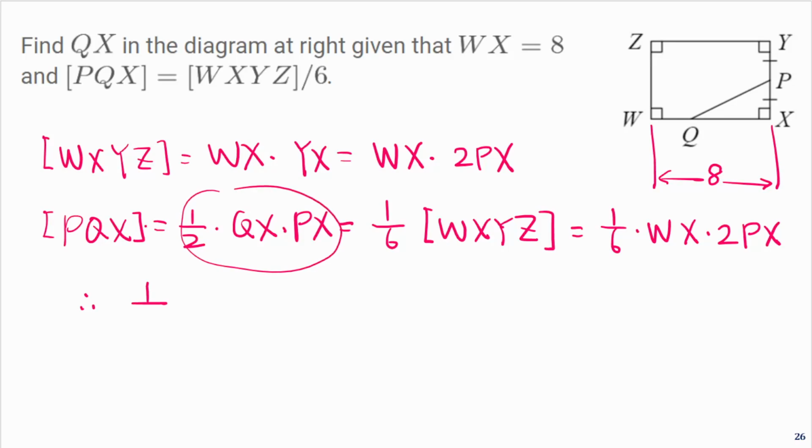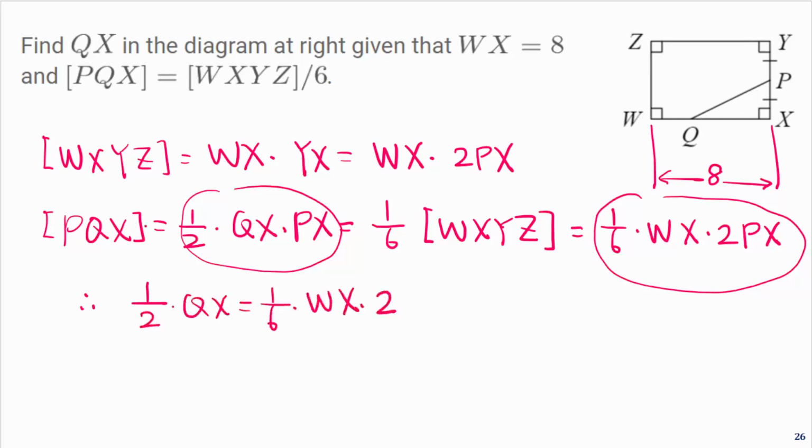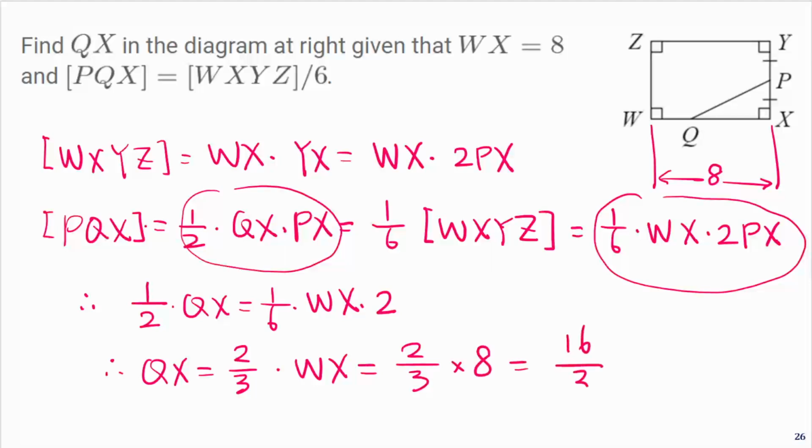If you consider this expression and this expression here, they are actually equal, right? So this gives us half of QX equals 1/6 of WX times 2. And therefore we know QX equals 2/3 times WX, which is 2/3 times 8, which is 16/3, right?